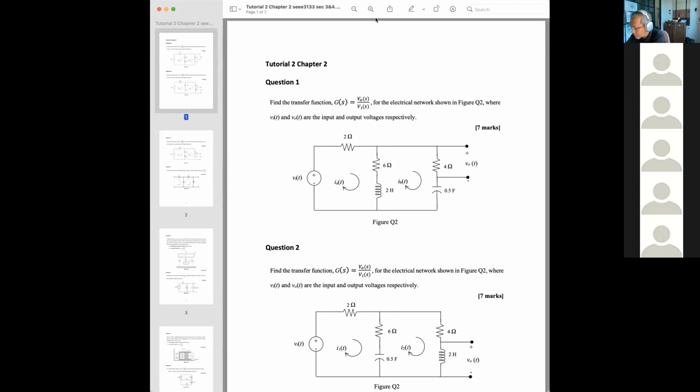How many inductances? 1. Okay, so we're going to find the transfer function.